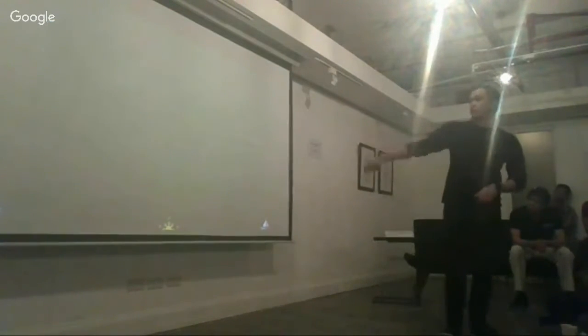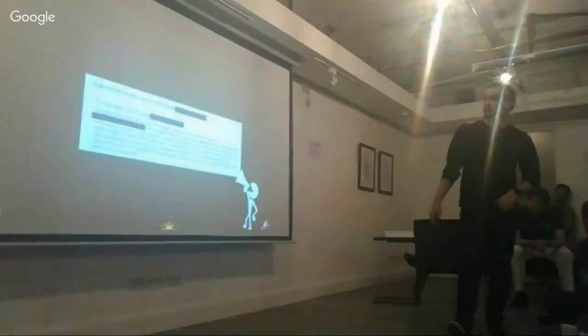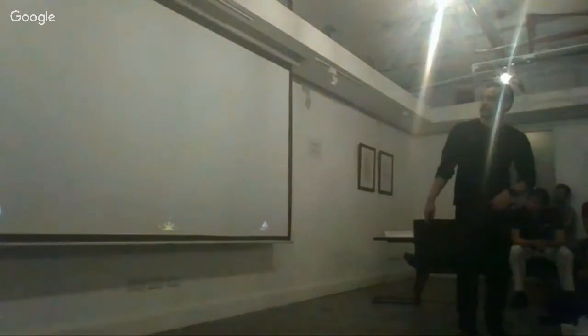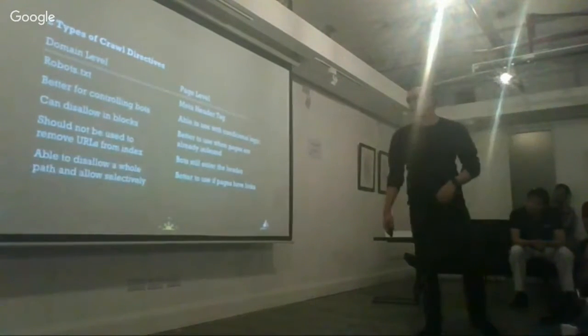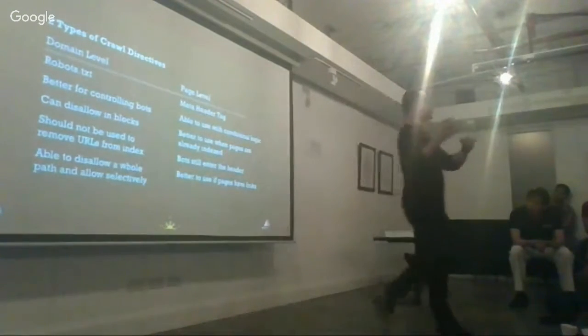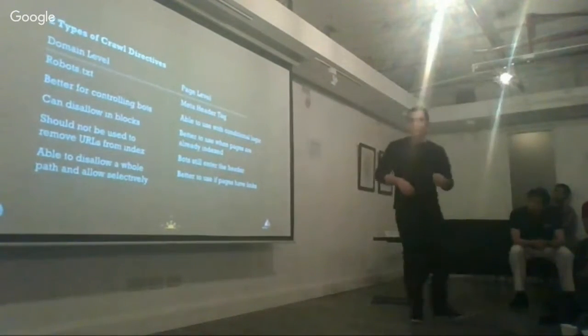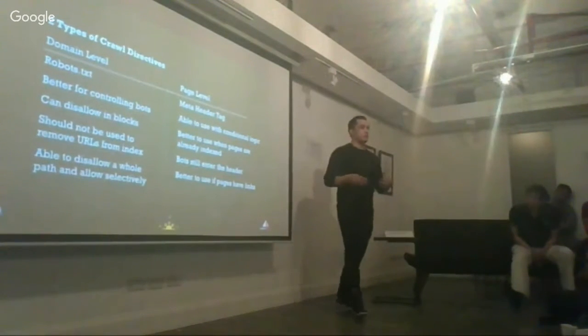So I won't go through every single one of them, but give me one second. Again, I just want to point out, a lot of people say, okay, we want to remove these pages from the index, so let's use a robots disallow to do that.